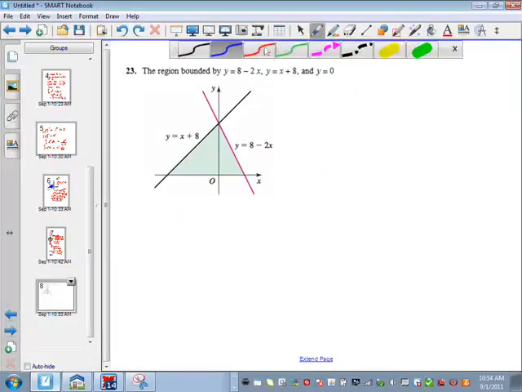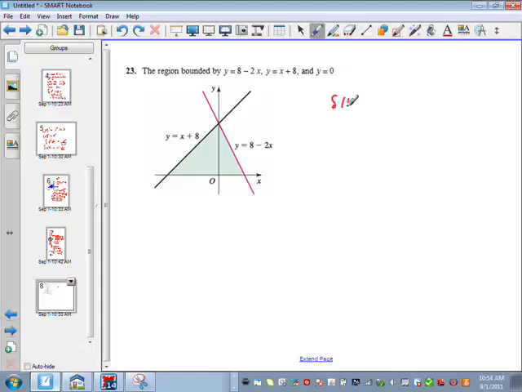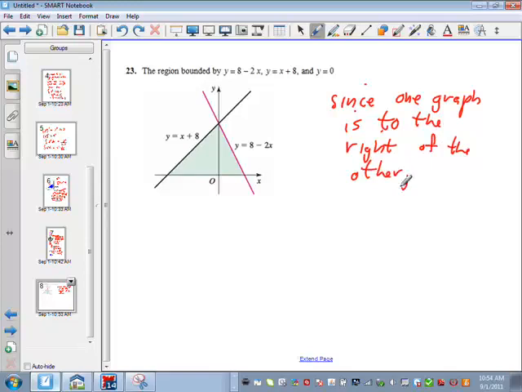But of course, we're going to give it to you with respect to x most of the time. So since one graph is to the right of the other, then with respect to y.